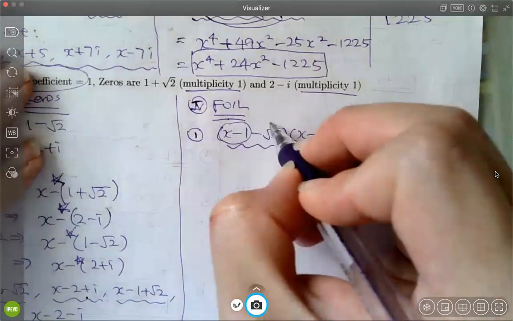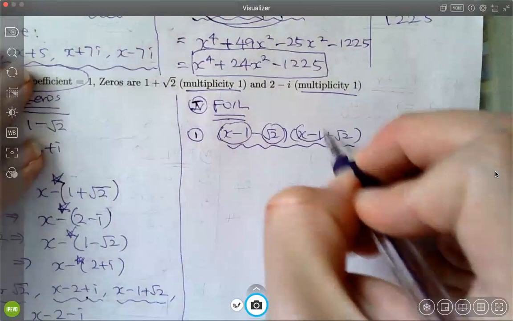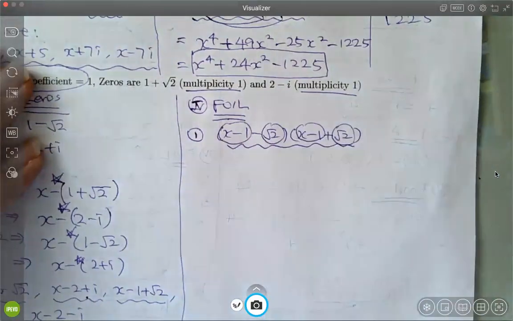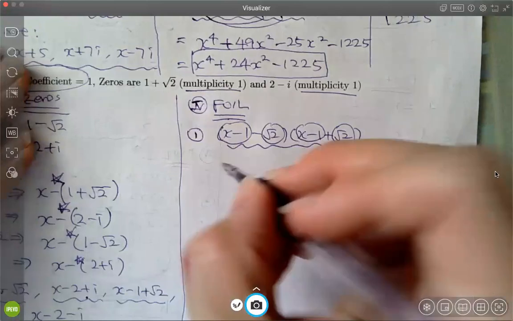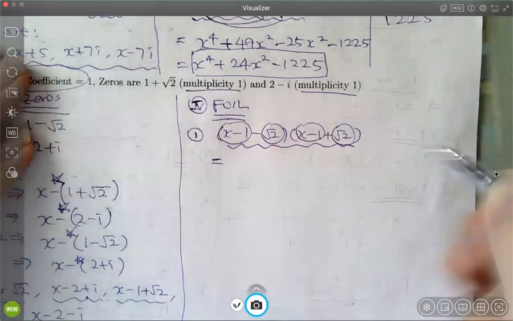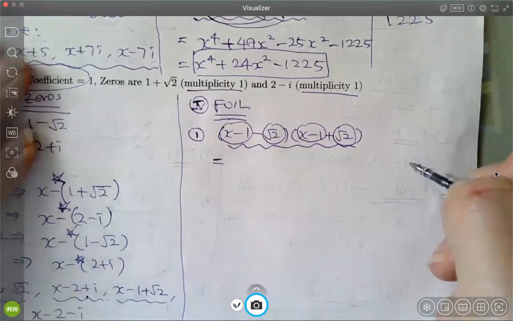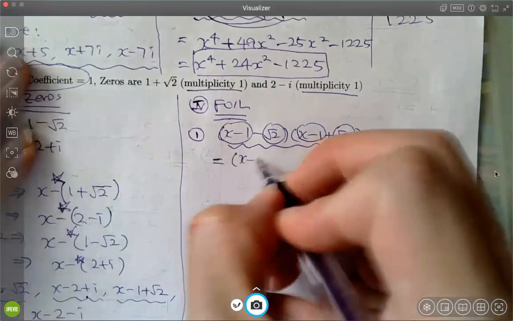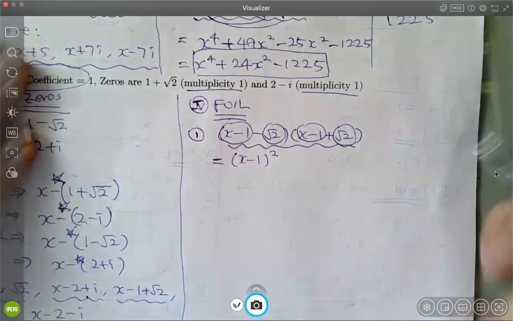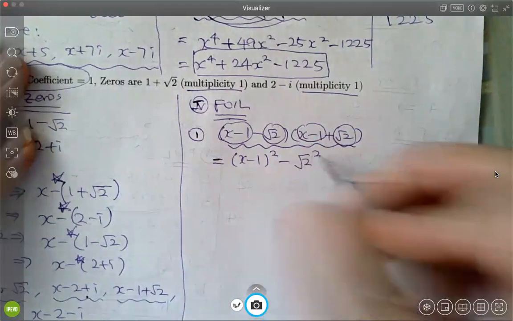That, and that, right? It's x minus 1 minus square root of 2 times x minus 1 plus square root of 2. So what needs to be squared? It's not x, right? It's x minus 1 that needs to be squared, and then minus square root of 2 squared.